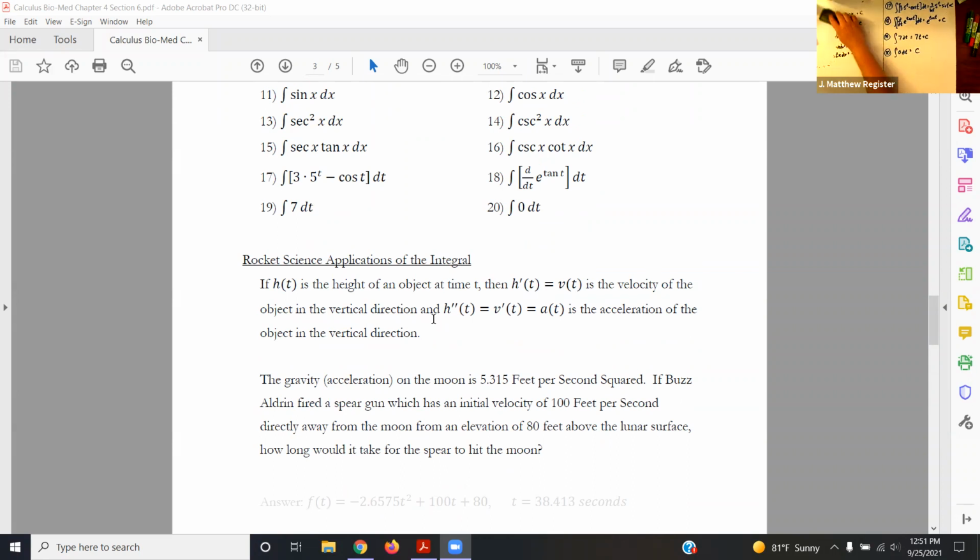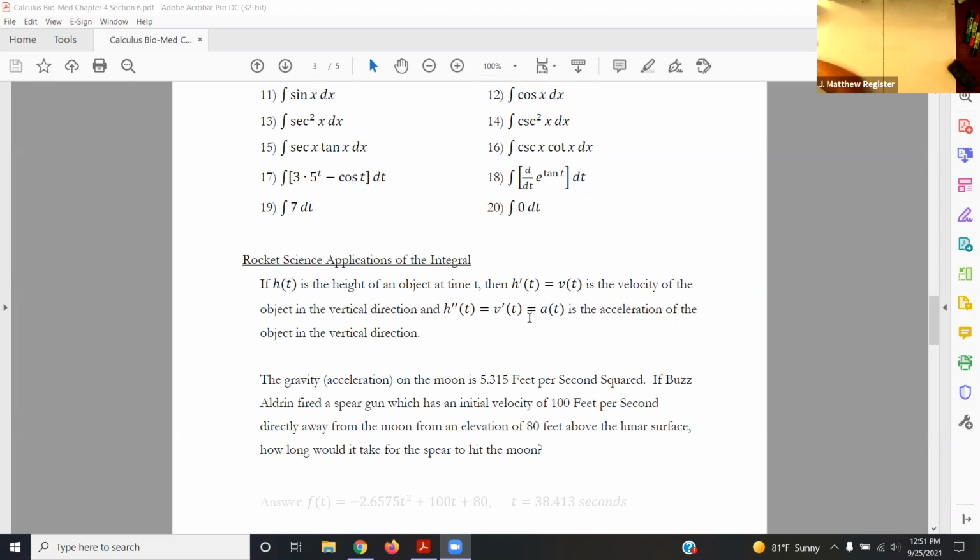And so if h of t is the height of an object at time t, then h prime of t is equal to v of t, which is the velocity. And so we have position and we have velocity. H double prime of t would be v prime of t, would be a of t, which would be the acceleration of the object.